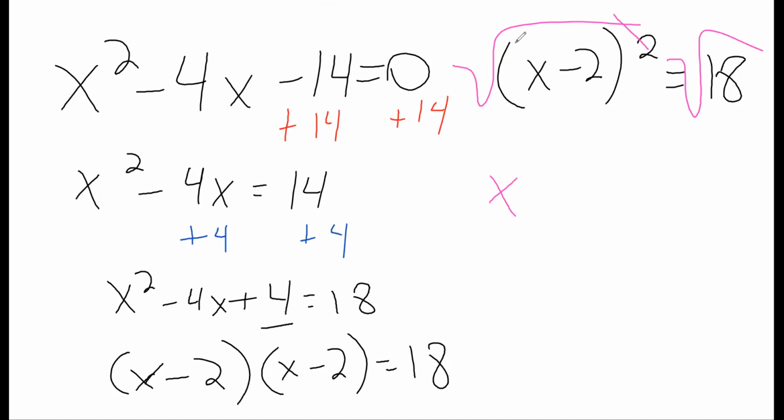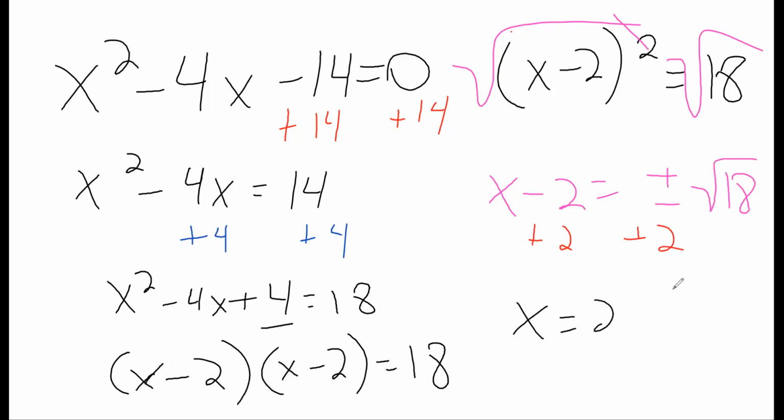So what we're left with is x minus 2 equals plus or minus the square root of 18. Now you see why we did all this. We just need to add 2 to both sides now, kind of like we did with the previous problem. And now we get x equals positive 2 plus or minus the square root of 18.